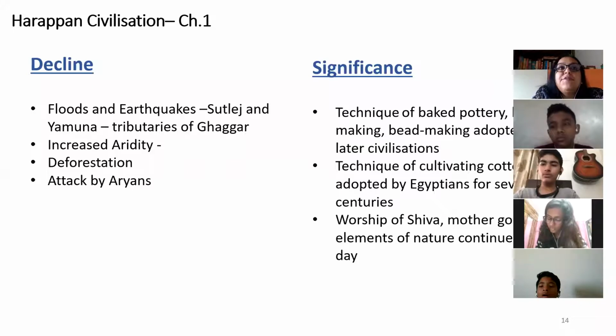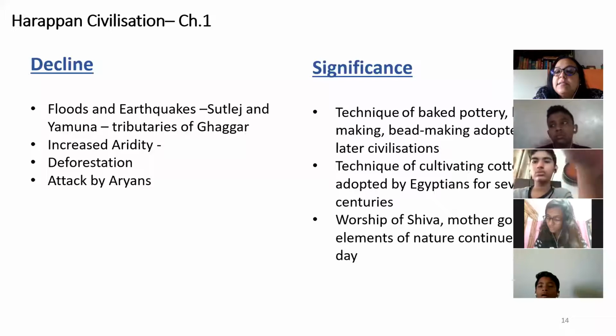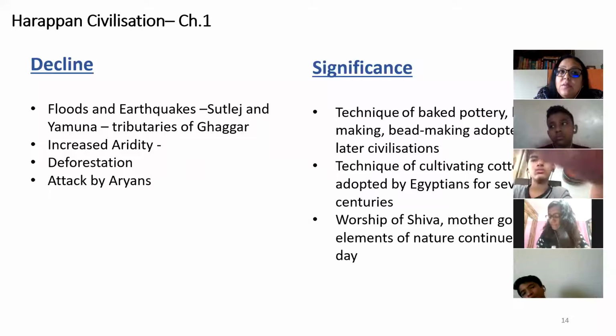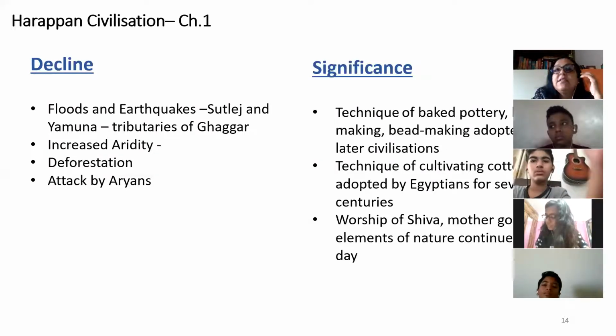One more thing which I did not mention, I think, was that the Harappan civilization was a very peaceful civilization. They were peace-loving people, and they did not have any wars with anybody, neither with their neighboring cities, nor with other areas in their own civilization.